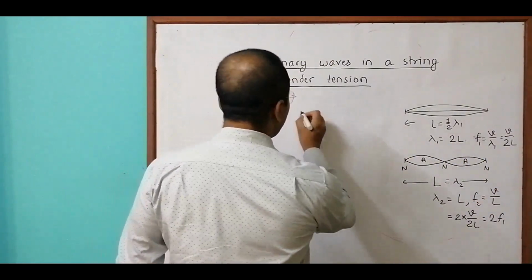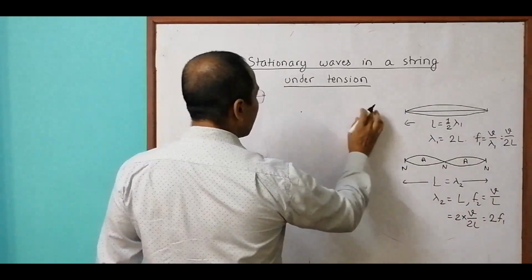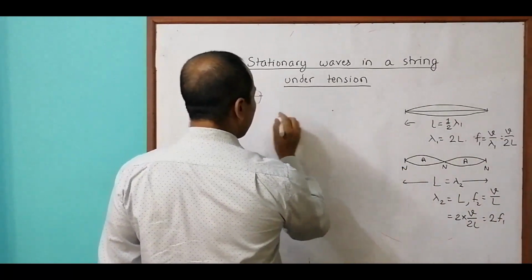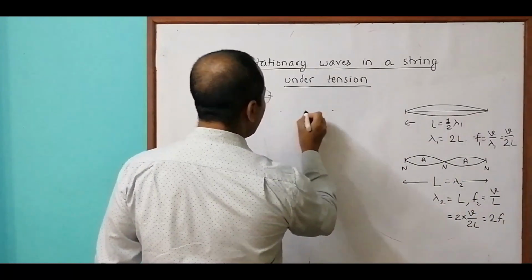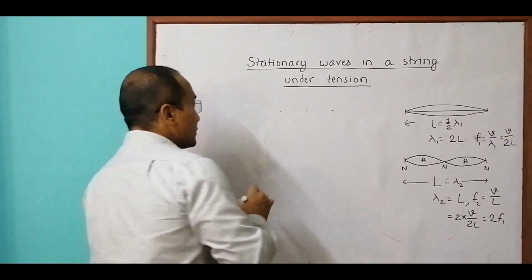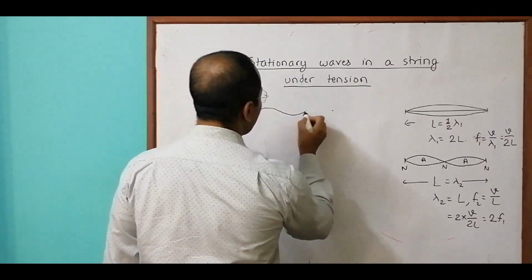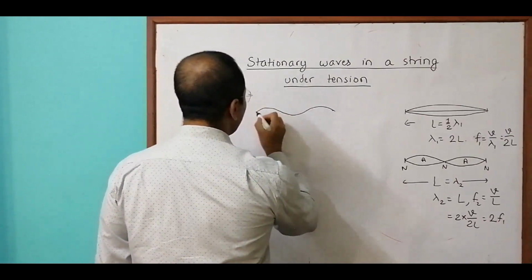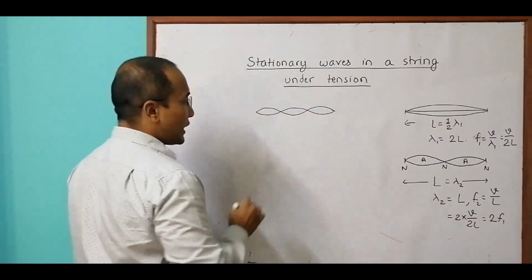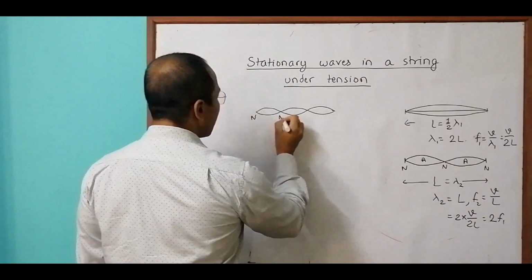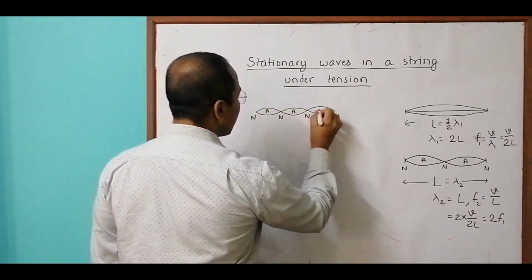So let us say this is the length which I enclosed, so it should be the same. Now what has happened is 4 nodes are formed, and I have got 3 antinodes like this.